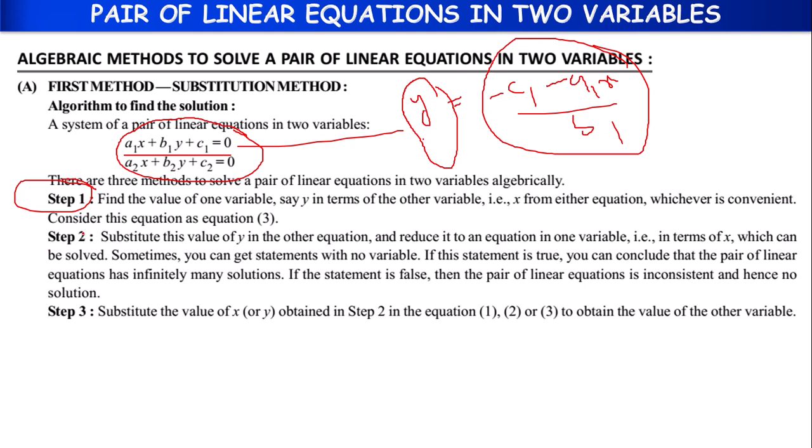Next, in step 2, we will substitute the value of y which we found in step 1. In the place of y, we will keep the y value in the second equation. So what happens? The equation will be reduced to one equation having one variable.